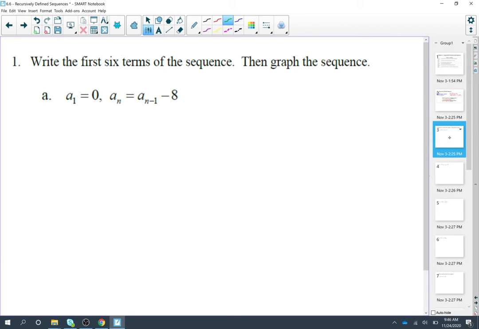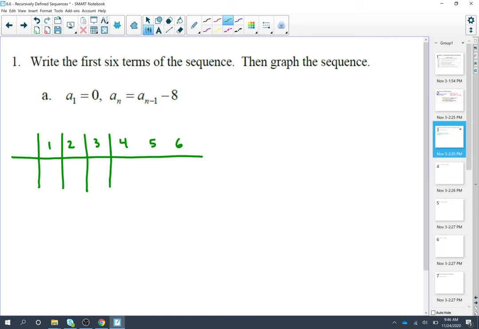Example 1. Write the first 6 terms of the sequence, then graph the sequence. If we're writing the first 6 terms, 1, 2, 3, 4, 5, 6. Now let's look at what they gave us. First of all, they said a sub 1 is 0. Because of this little 1, I know that the first term is 0.